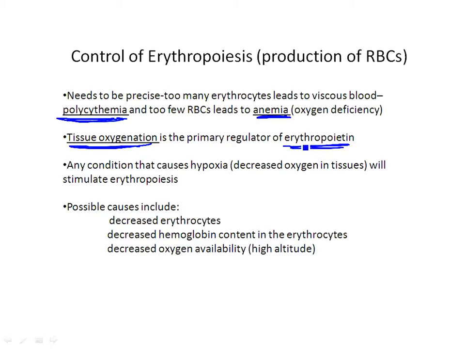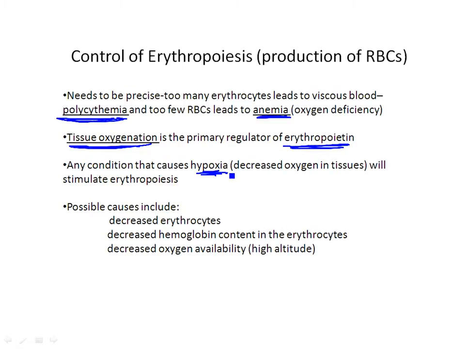So any condition that's going to cause hypoxia, which is just decreased oxygen in your tissues, is going to stimulate the production of more red blood cells. A possible example is if you go and give blood. They usually don't take more than a pint, but you might feel a little bad, and your tissues are just not getting oxygenated properly.